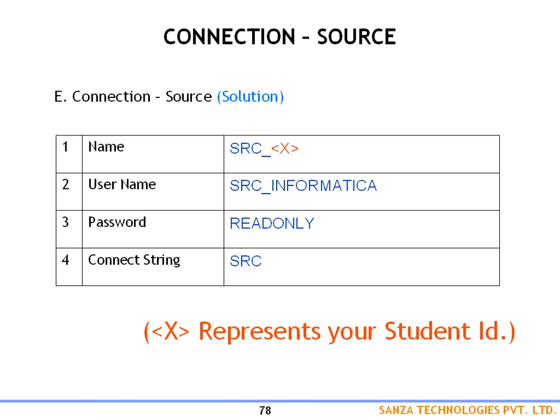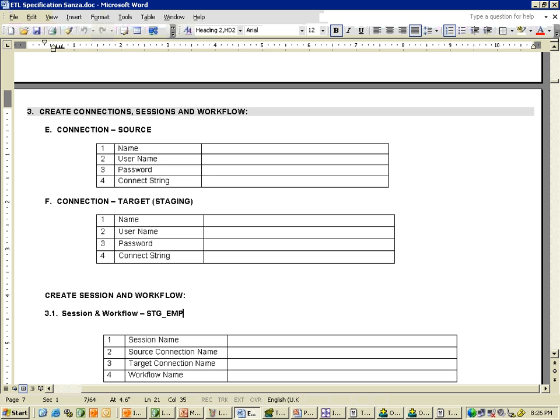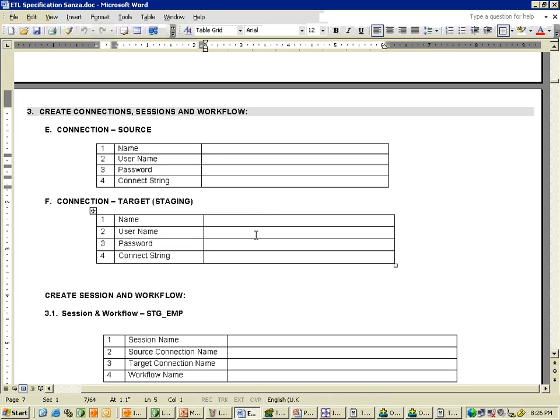I'll show you how to create it again. So for the name source, src_your_id, it is on page number 7. Under this you specify src_your_id, username is src_informatica, password is read only, connect string is src.